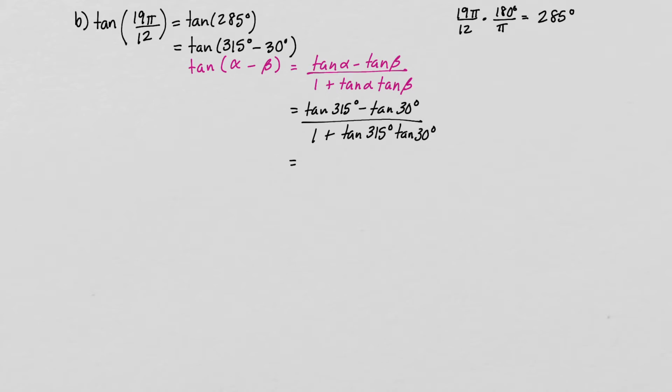Yeah, -1. So we have -1 minus, what's the tangent of 30 degrees? Yep, 1 over root 3. So minus 1 over root 3, all divided by 1 plus, again, tangent of 315 degrees is minus 1, tangent of 30 degrees is 1 over root 3.